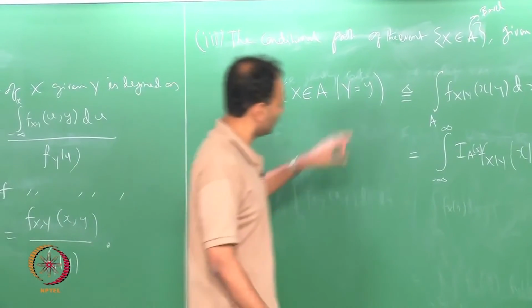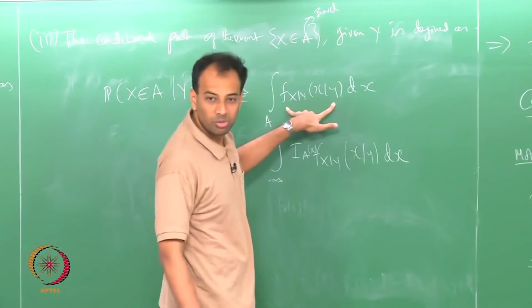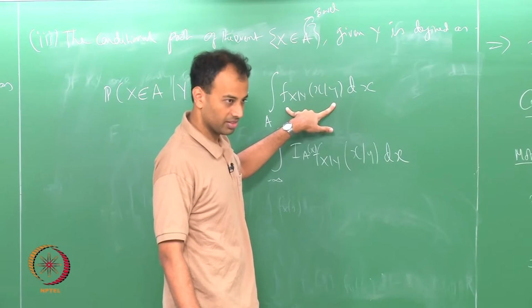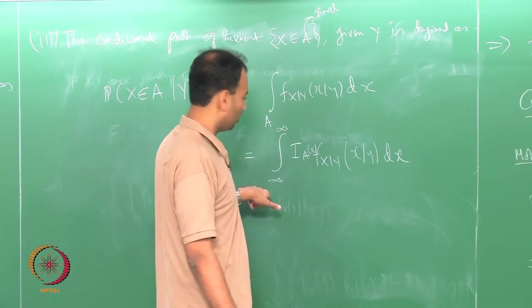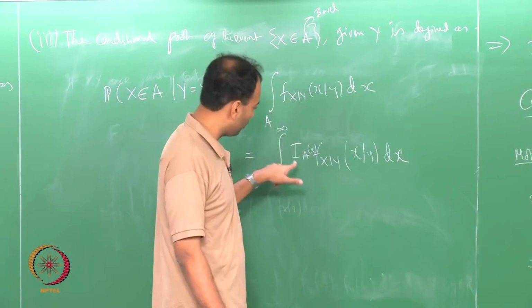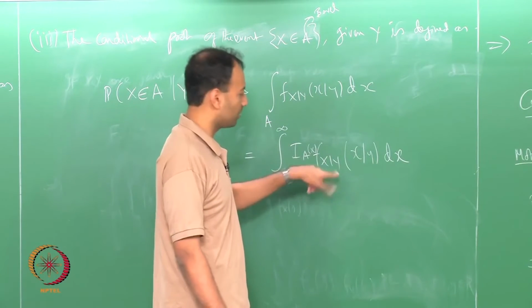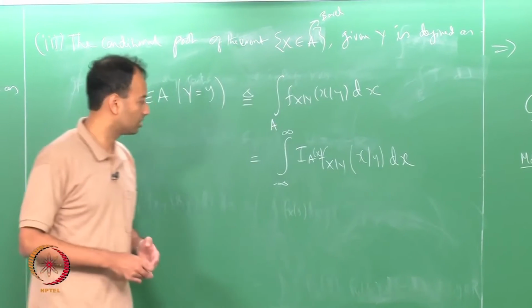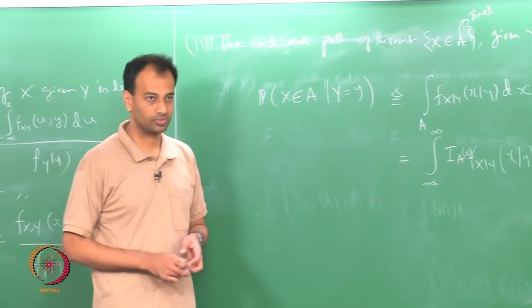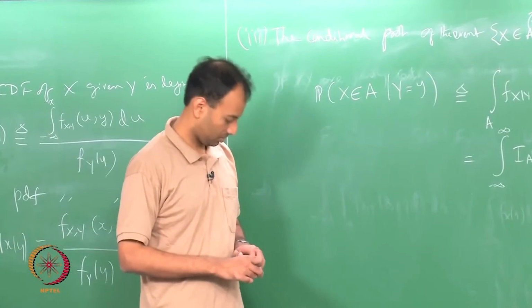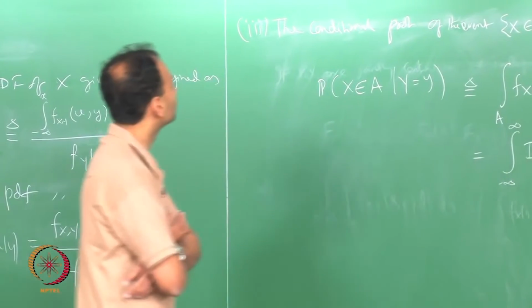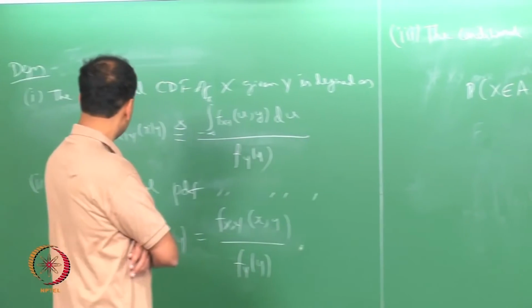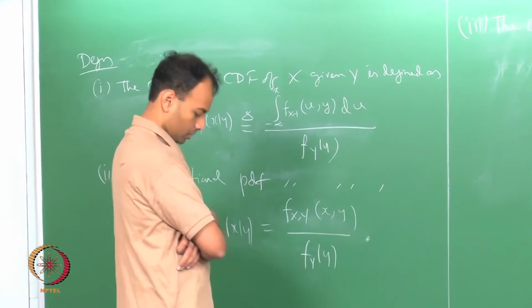It is given by the integral over that Borel set of my conditional PDF, which is again defined to be the integral over the whole real line of the indicator function times the PDF. Okay, this is also by definition. Okay, any questions on this?